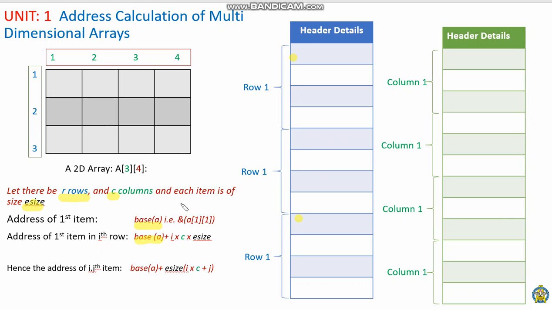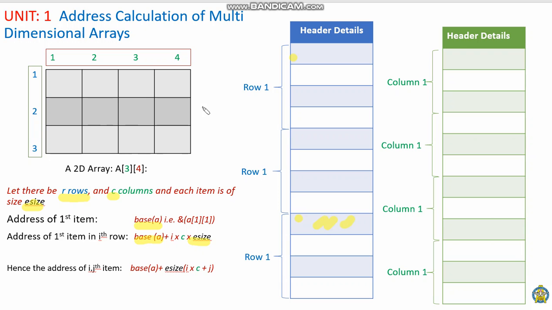It would be the base address plus, so we have to traverse how many rows? 2 rows, each of C items, and each of E size. So base address plus I into C into E size will be the address of this item, and the value at that address will be the item. So this is the first item in the ith row. This is a common formula.